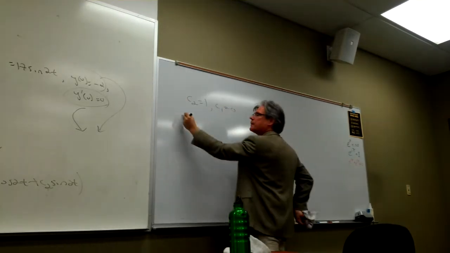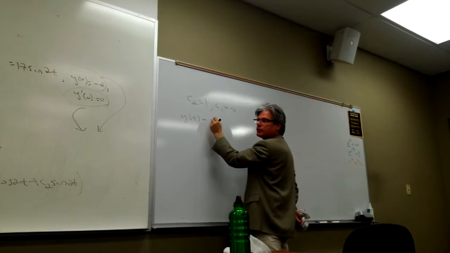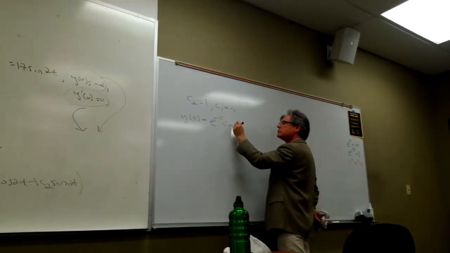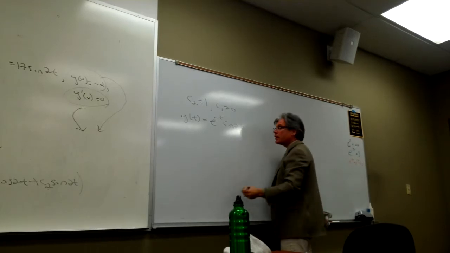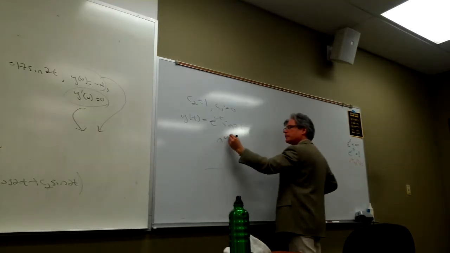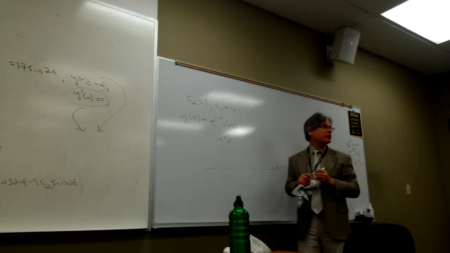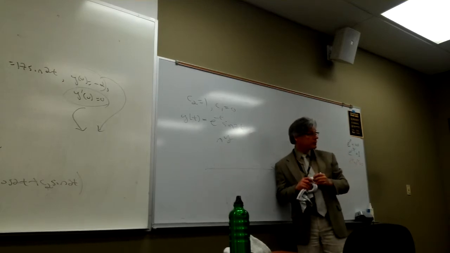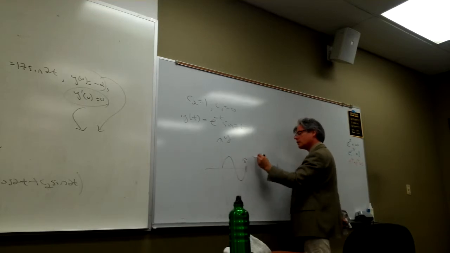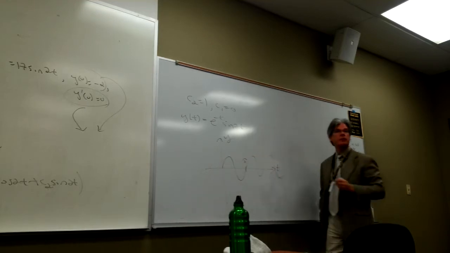Because I think then I simply have y of t being equal to e to the negative t times, did I choose the sine function? Now I've got to confess, if this were a sinusoidal wave, the period of the sine wave is going to be pi. It's going to look like this. Do you guys agree?